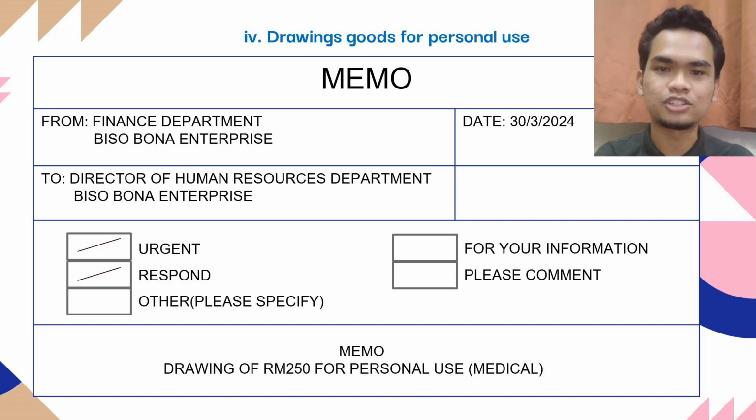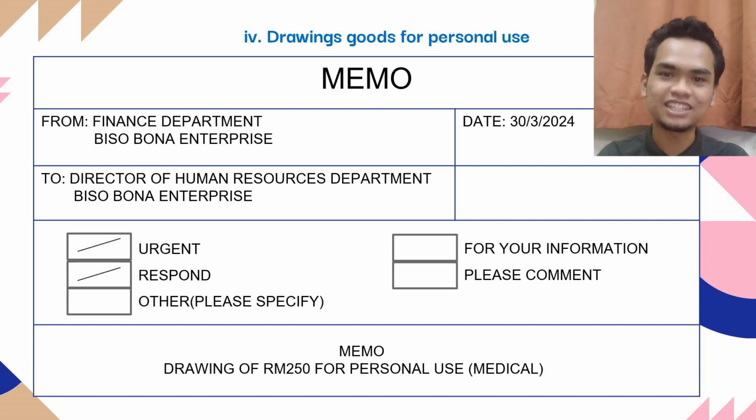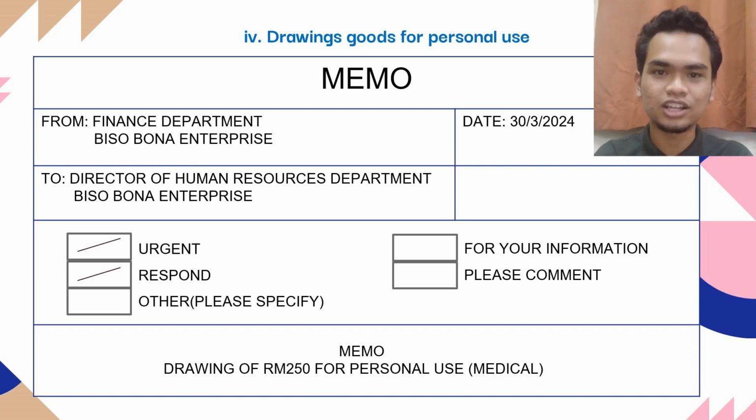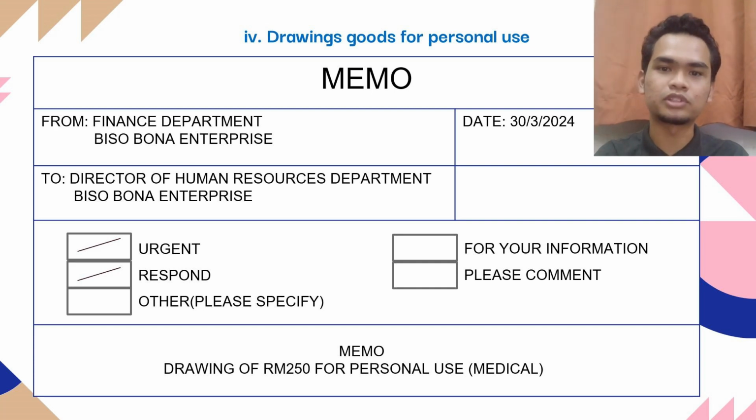A memo is issued as a notice when there is additional capital, drawing of assets, drawing of goods, or any extraordinary event in the company. As you can see, in the example given, the Finance Department of Biswabona Enterprise gives a memo to the Director of the Human Resource Department of Biswabona Enterprise.